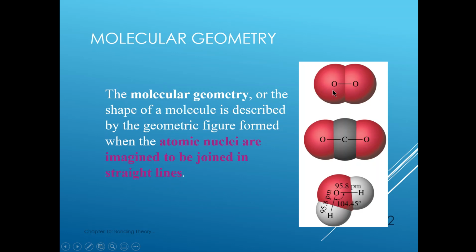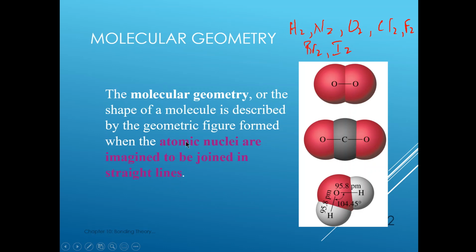So that is true not only for oxygen, but for other diatomic molecules, such as hydrogen, nitrogen, oxygen, as I said before, and the halogens, chlorine, fluorine, bromine, and iodine. These are all diatomic molecules, and therefore their shapes would be said to be linear.